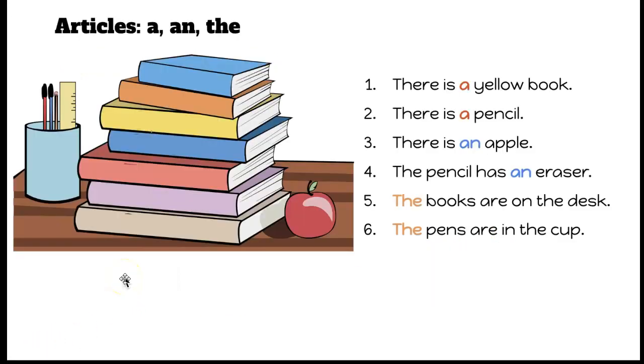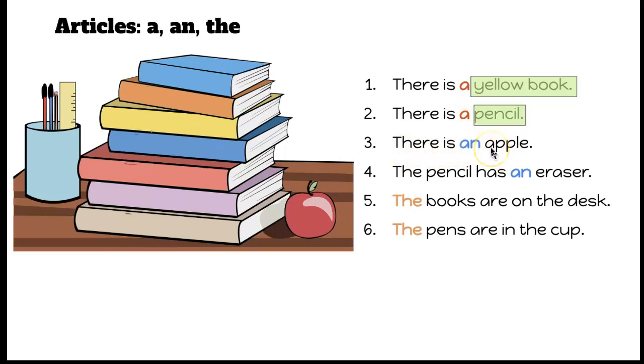Let's look at these sentences again. There is a yellow book. There is a pencil. Because yellow starts with a consonant, and so does P, we use the article a. Number 3, there is an apple.